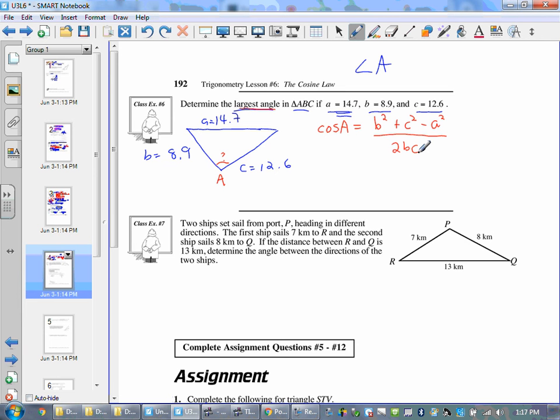So children, are we wanting to baby step this or all in one go in our calculator? All in one go. Let's send it. Okay, so if we are all in one go and we want to find the angle, and it's cos angle A, Sarah, how would we find just angle A? Inverse cos. So we're going to do inverse cos of B squared plus C squared minus A squared over 2BC.